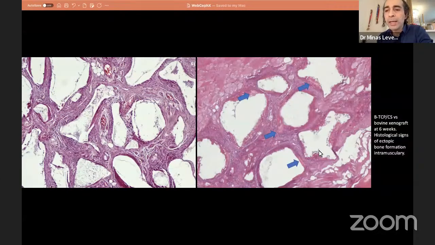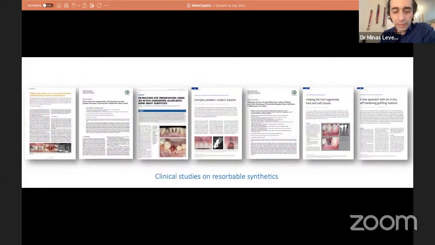The opposite, when we placed the calcium phosphate, we had the remnants of the material, we had some muscle, but we can see also that inside the connective tissue and in contact with the particles of the synthetic, we have osteoid. So we prove, like other experiments that we can find in the international literature, that novel beta-tricalcium phosphate synthetics are also osteoinductive. And this is a very good and important property.